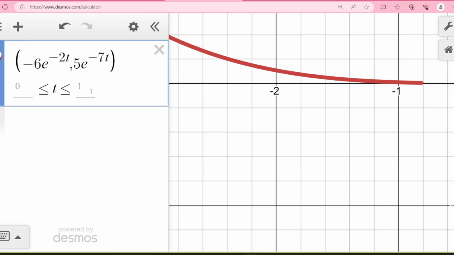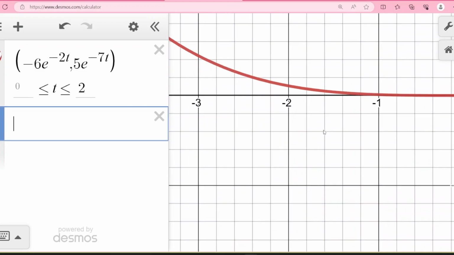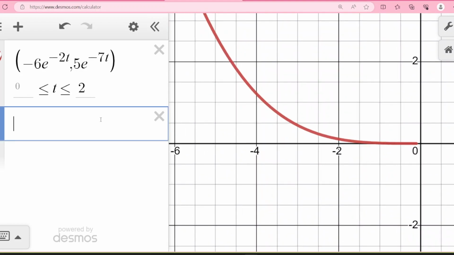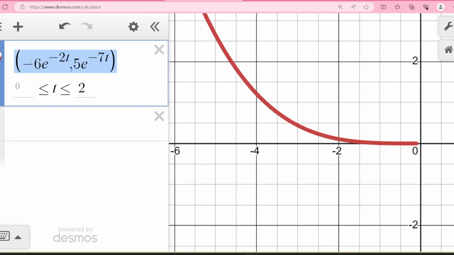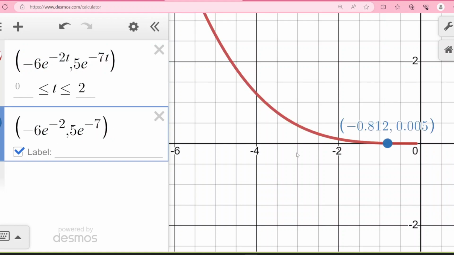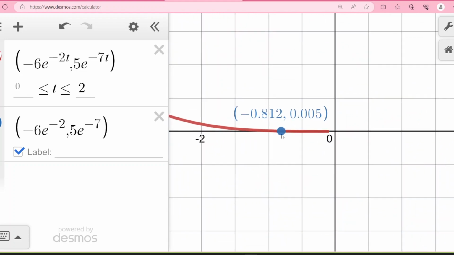Because we're plugging in t equals 1, I'm going to go 0 to 2 so we get 1 in the middle. Let me copy this and plot that point. Just replace t with 1, which makes that negative 2 and that negative 7. Let me label that. So not in the middle, but here it is. I'm at this point when t is 1.